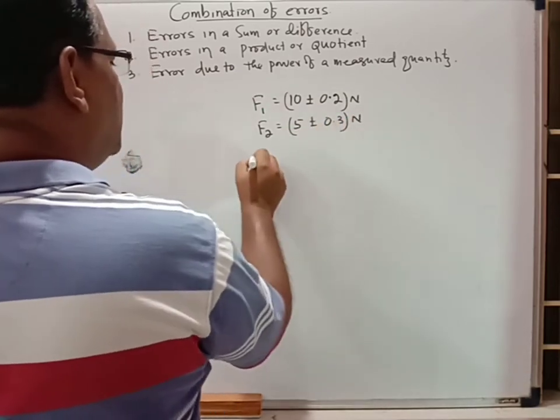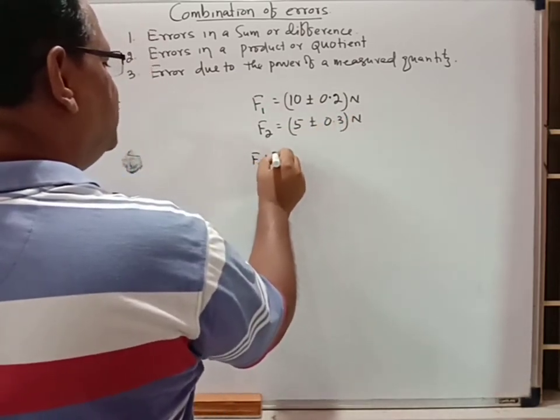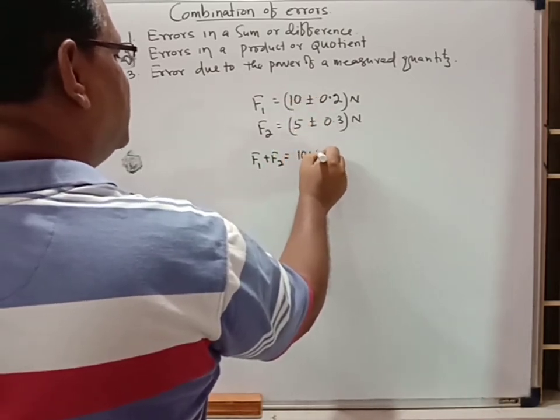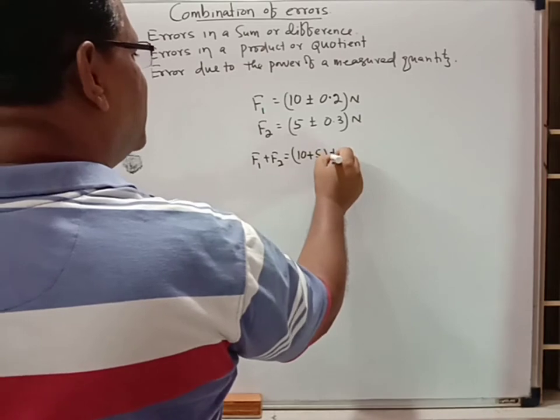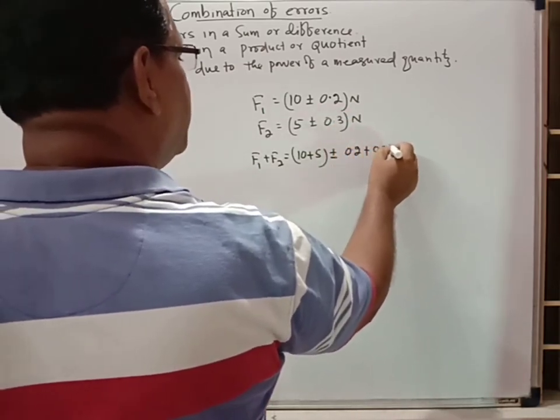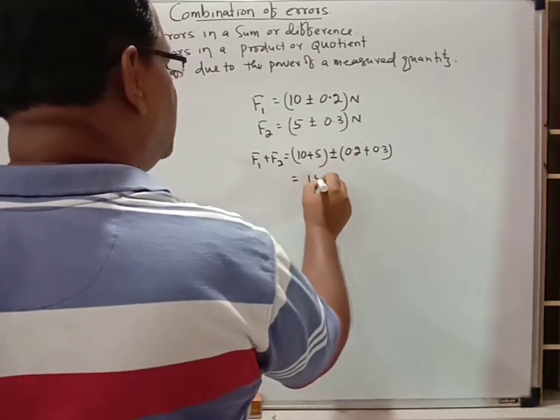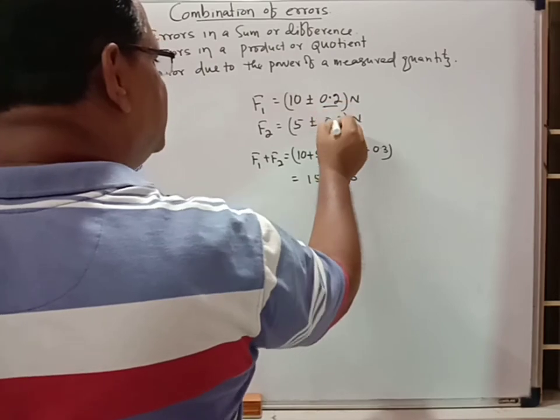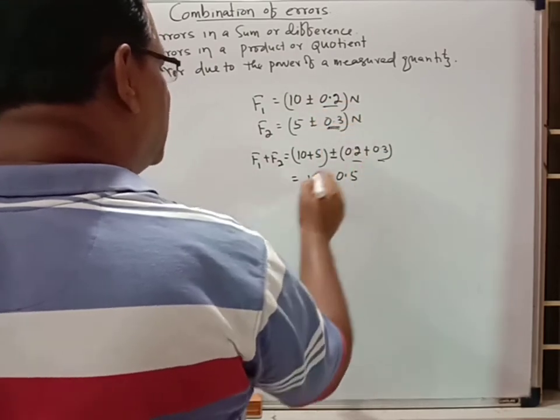So what will f1 plus f2 be? It will be 10 plus 5, simply added, plus or minus 0.2 plus 0.3. That means the result will be 15 plus or minus 0.5. So the absolute errors of the individual quantities are added in case of addition.